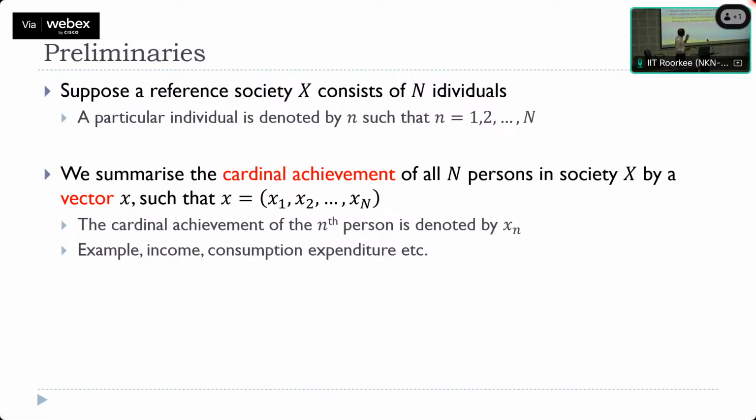We will assume that their achievements, it could be income, it could be consumption expenditure, you may have a particular type of energy indicator in mind, but we'll be assuming that they are cardinal for now to start with. What do you mean by cardinal? That means numbers make sense. If you are saying 100 pounds or 10,000 rupees, you have this number in mind and it makes sense, right?